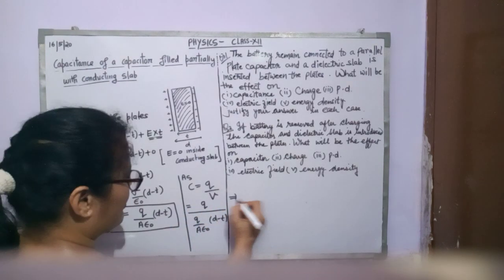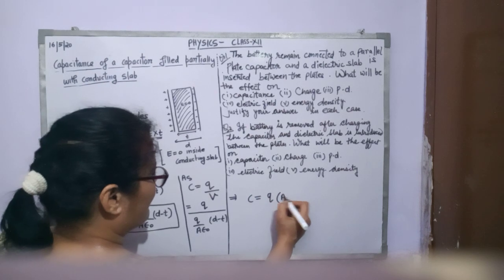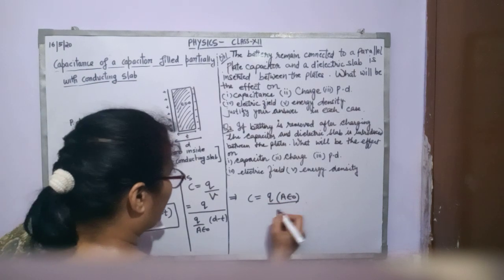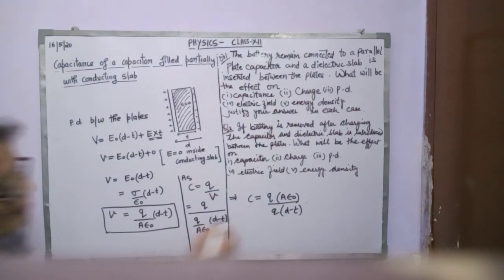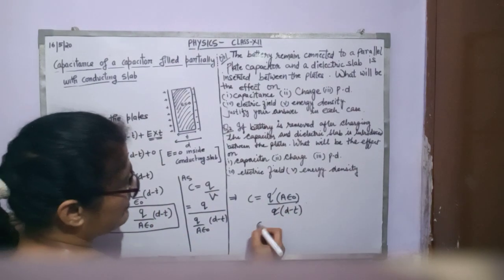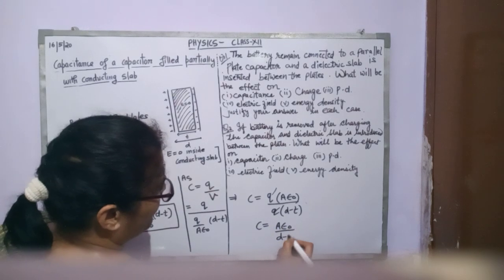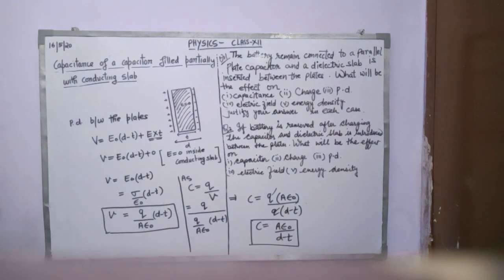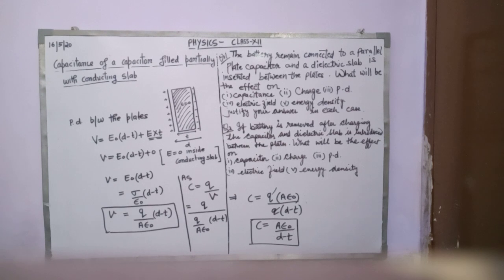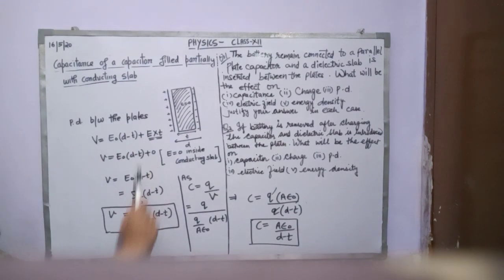This implies that C is equal to Q A epsilon naught divided by Q times D minus T. Q cancels out. We get C is equal to A epsilon naught upon D minus T. This is the value of the capacitance when a conducting slab of thickness T is placed between the plates.